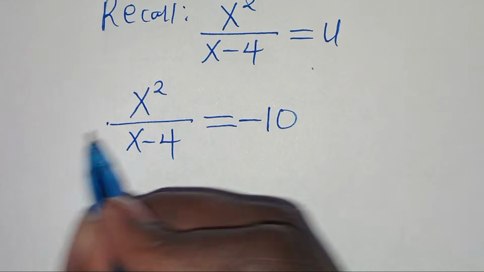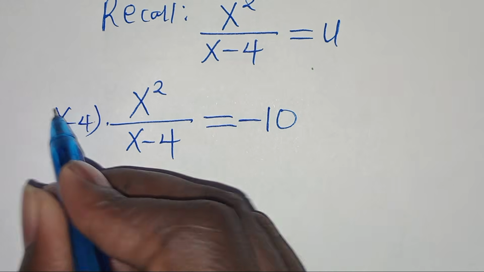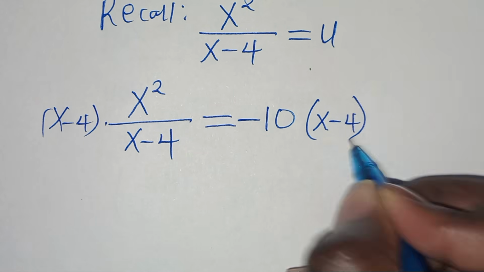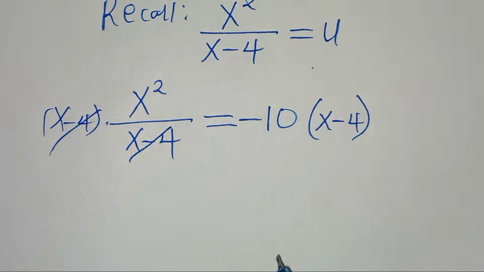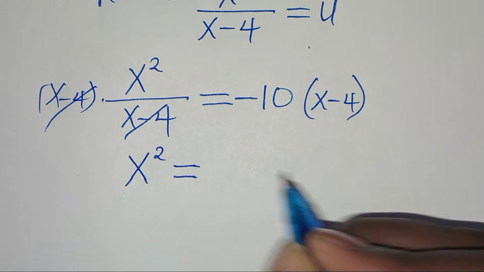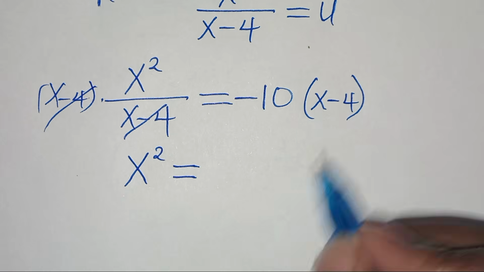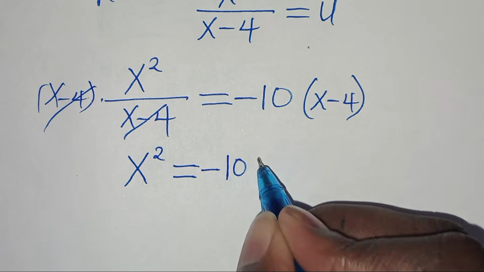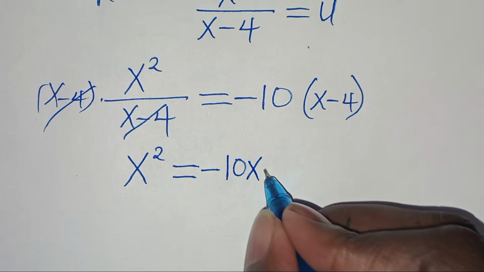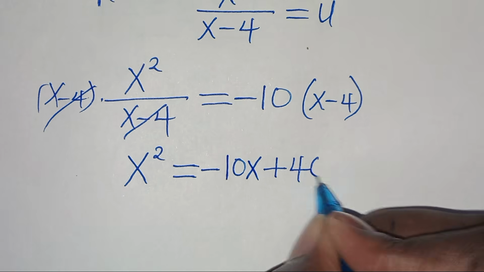Now let's multiply both sides by x minus 4, so that here we have minus 10 times x minus 4. So we simplify here, and this implies that x to the power of 2, this is equal to minus 10 times x, this is minus 10x, then minus 10 times minus 4, this is plus 40.